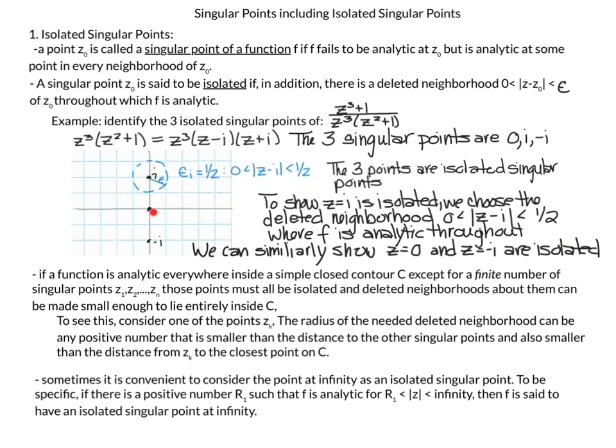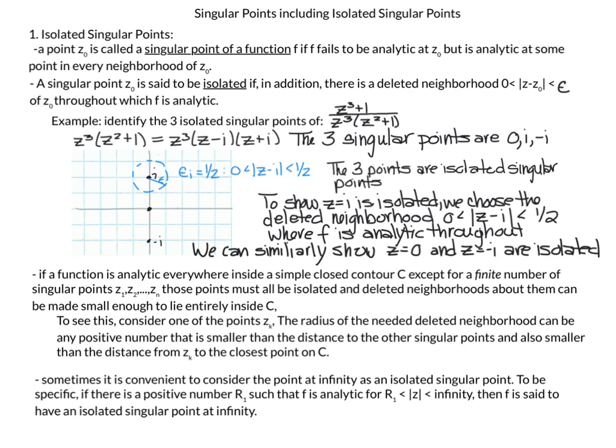Their distance is 1. So as long as we take an epsilon less than 1, we'll have a neighborhood around i where f is analytic. And therefore, since we could find that neighborhood, we say that i is an isolated singular point. It has no company around it that's also singular. Similarly, we can show that z equals 0 and z equals negative i are also isolated.